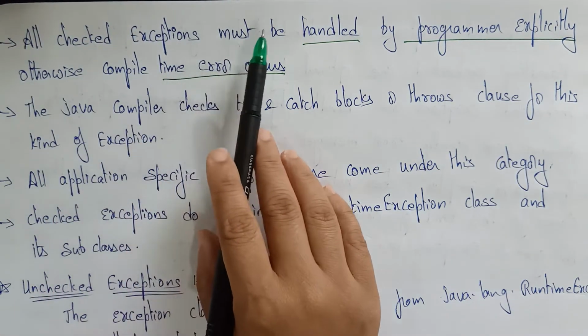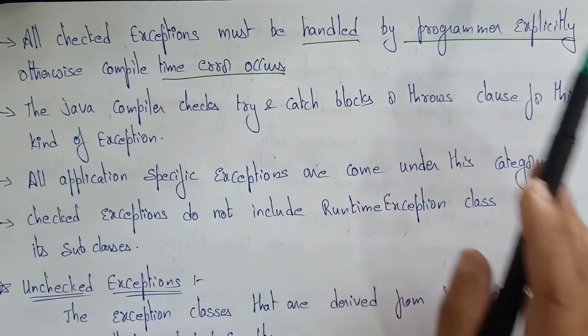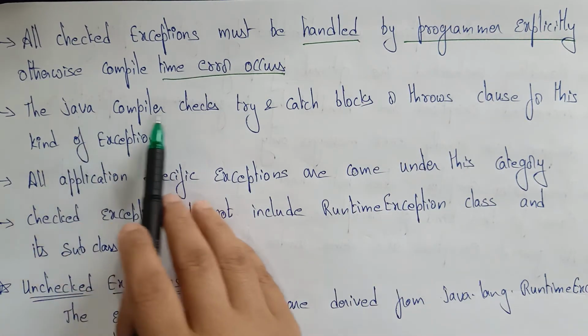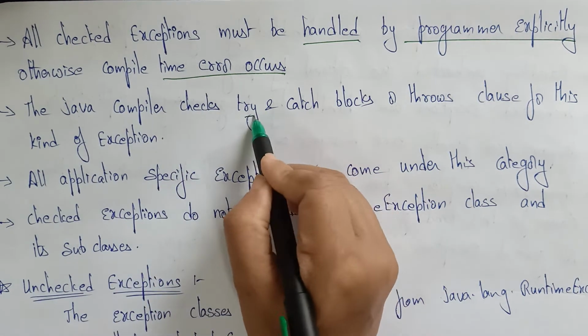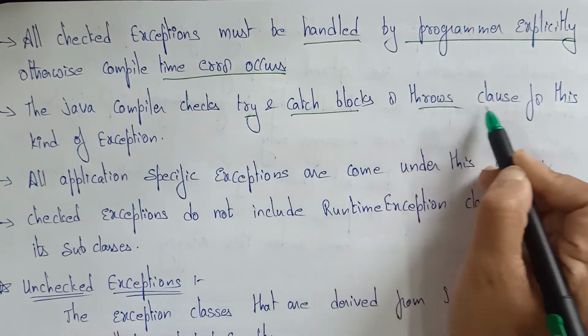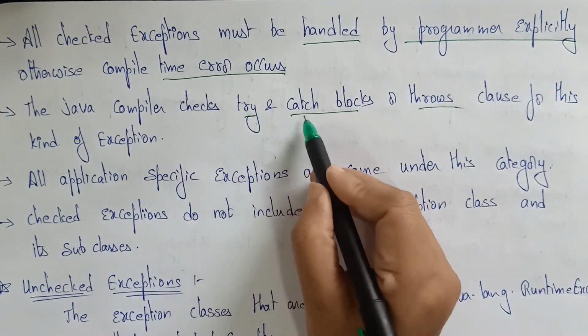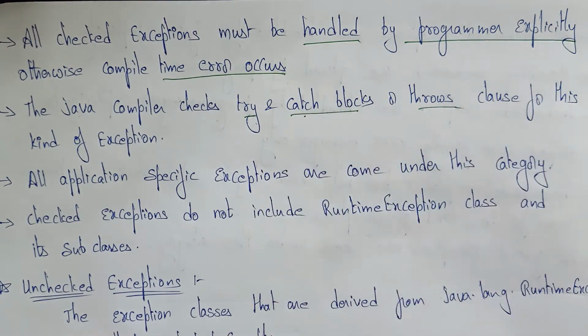All checked exceptions must be handled by the programmer explicitly, otherwise a compile time error occurs. The Java compiler checks for try and catch blocks or the throws clause for this kind of exception. With the help of try and catch blocks, the programmer explicitly writes the code to handle checked exceptions.